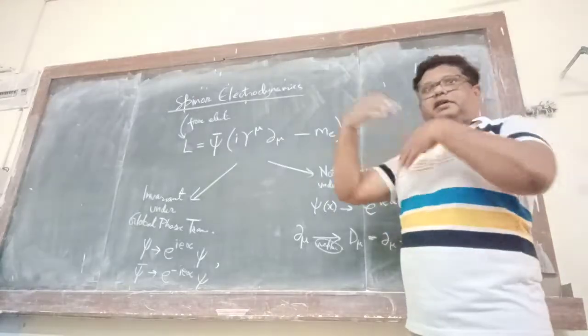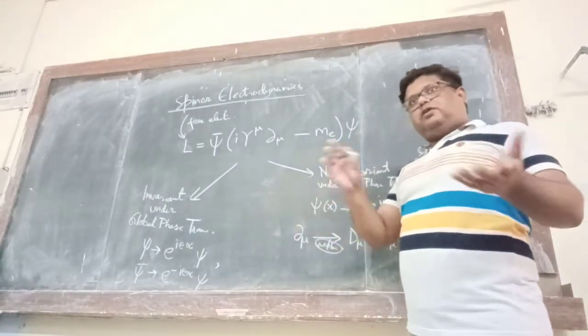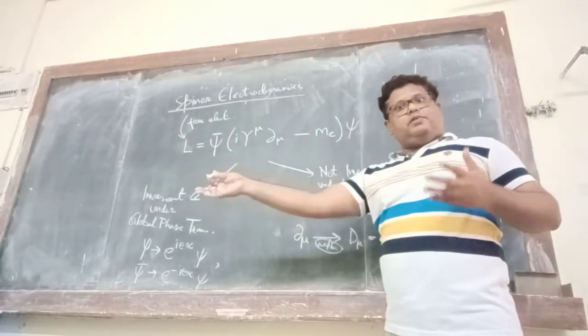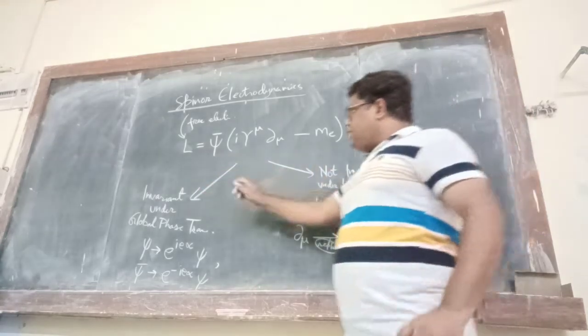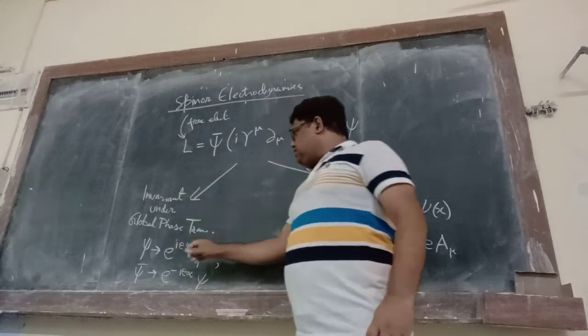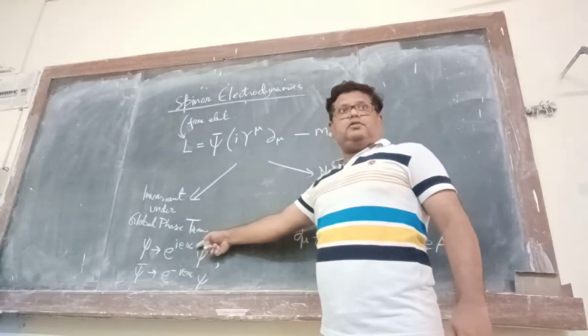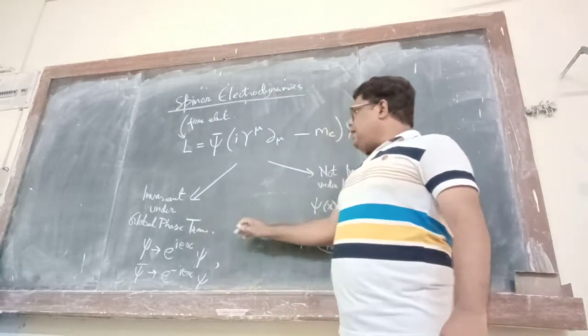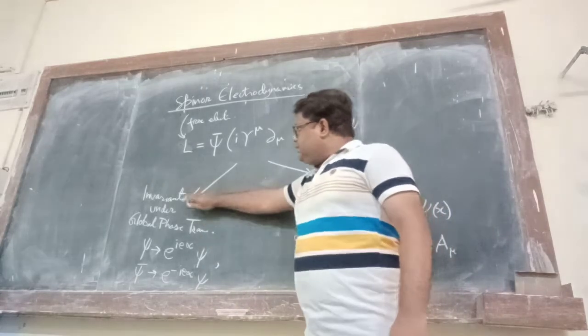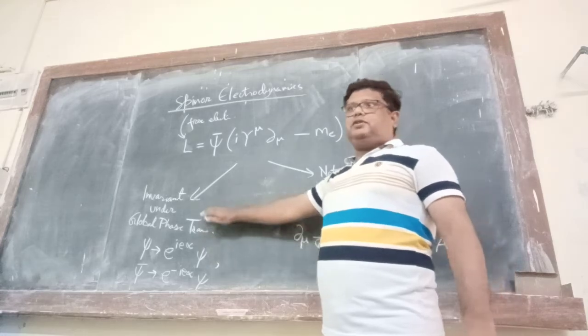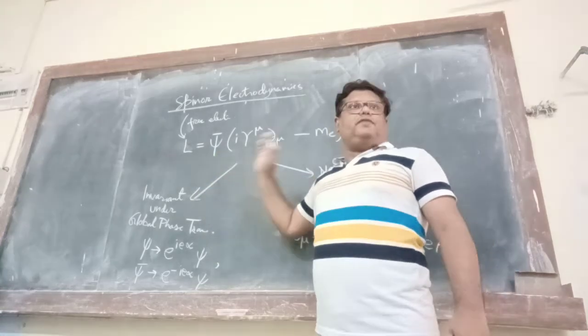Now again, just like the previous case, we are going to talk about first the global phase transformation and later on the local phase transformation. Okay. So first is global phase transformation. You see, no dependence on space-time, no dependence on x, and you can check this for yourself as well, that in case of global phase transformation, the density remains invariant.